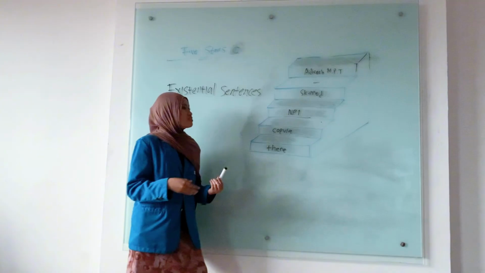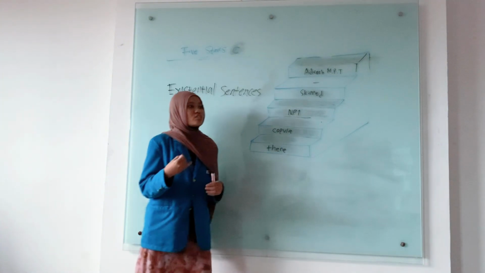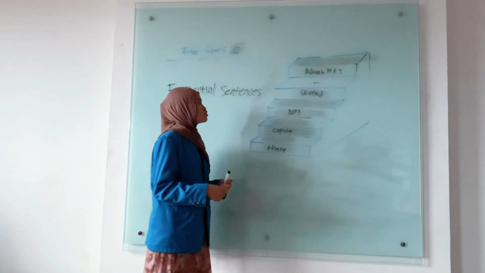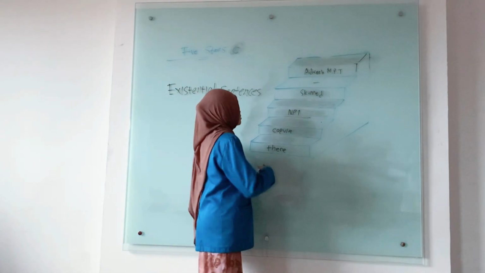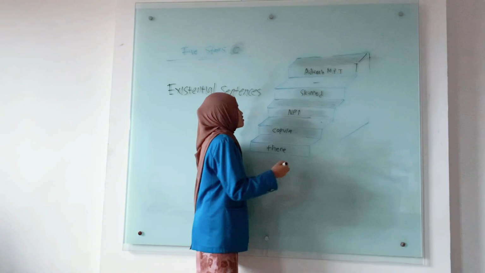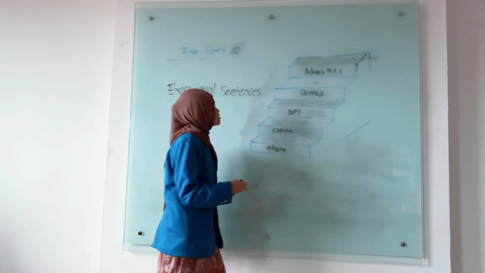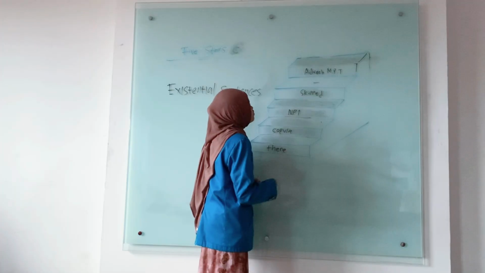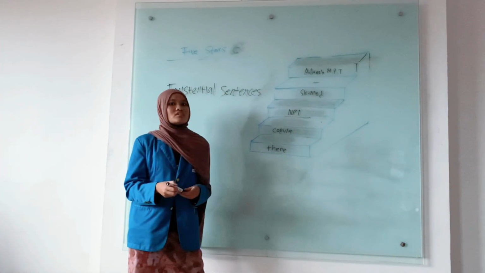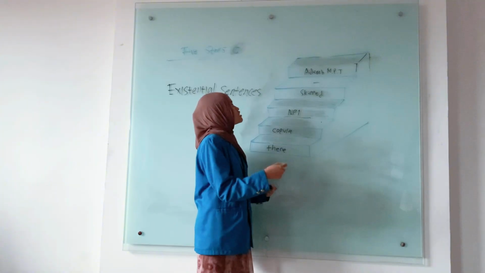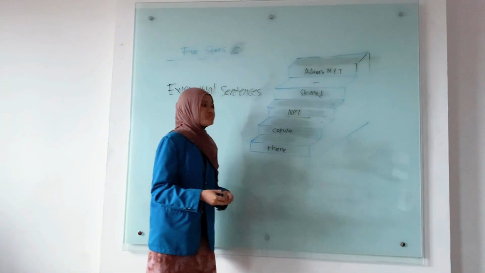In simple present tense we use is for singular nouns, and we use are for plural nouns. And stairs 3 is NP1 or the subject, and stairs 4 we skip this part like before, and the last stairs is adverb of entity.